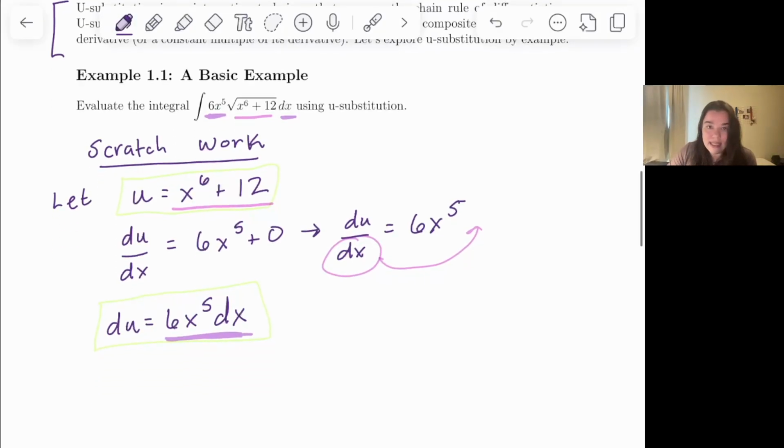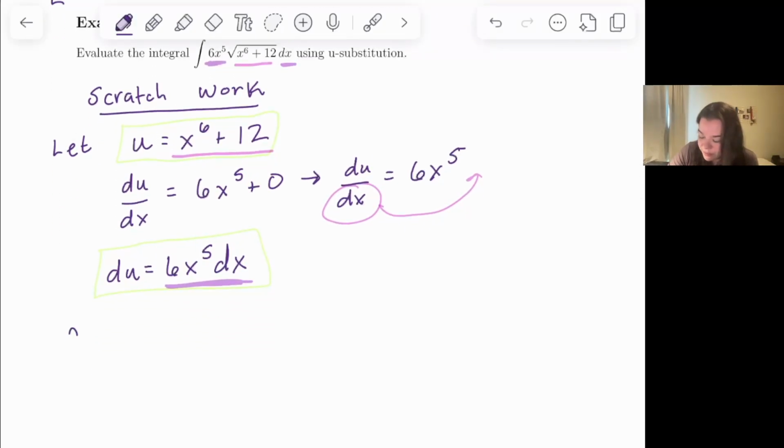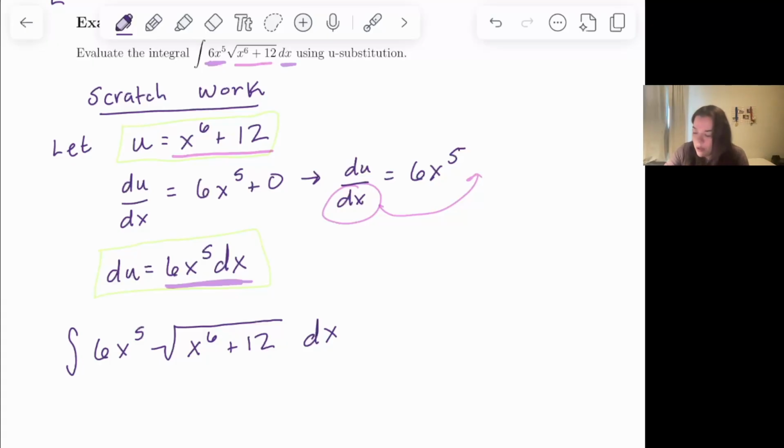Let's just say that again and get that written down here. 6x to the fifth. I'm just rewriting the original problem. There it is. Now remember, all of these terms are essentially being multiplied here, so we can rearrange their order. If you prefer to see this in a different order, this is the square root of x to the sixth plus 12 times 6x to the fifth dx.